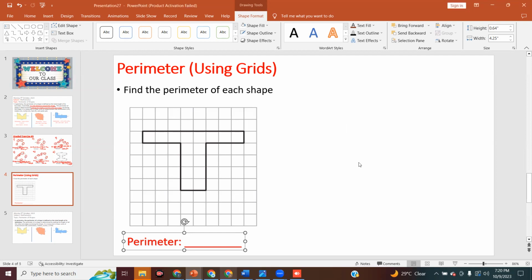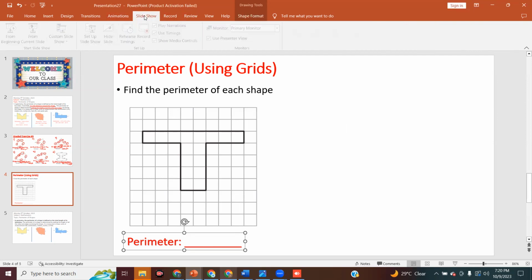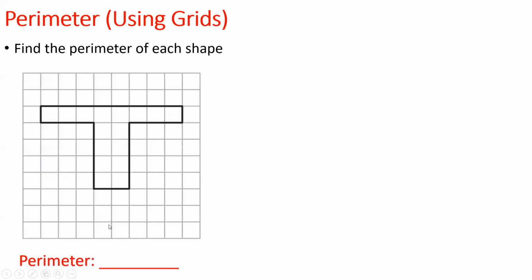All right, so Vashti says 26. So let's actually count. Remember, each block is 1 unit. So this block right here is 1 unit.